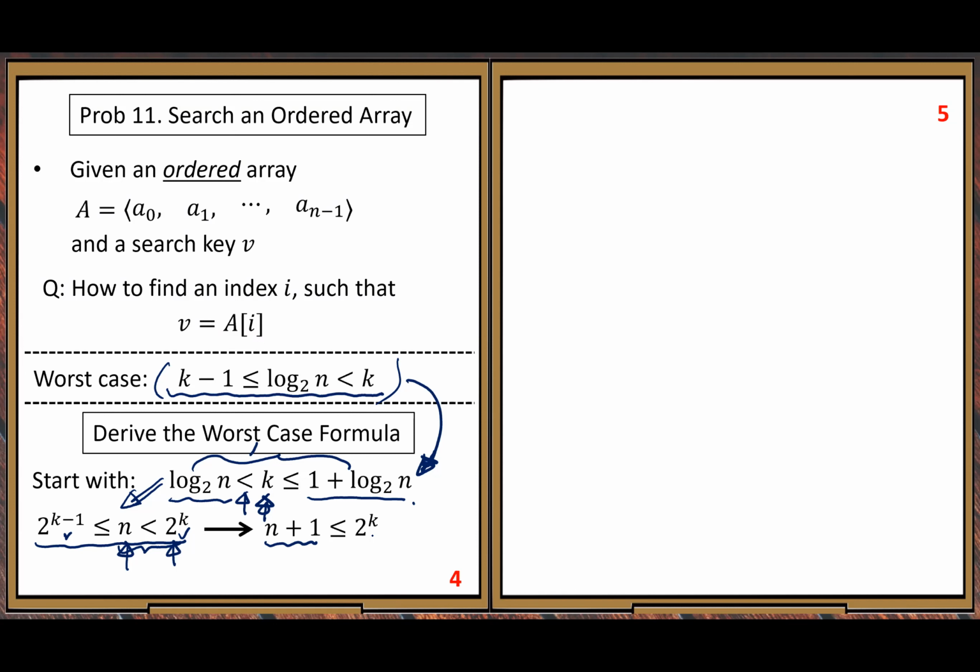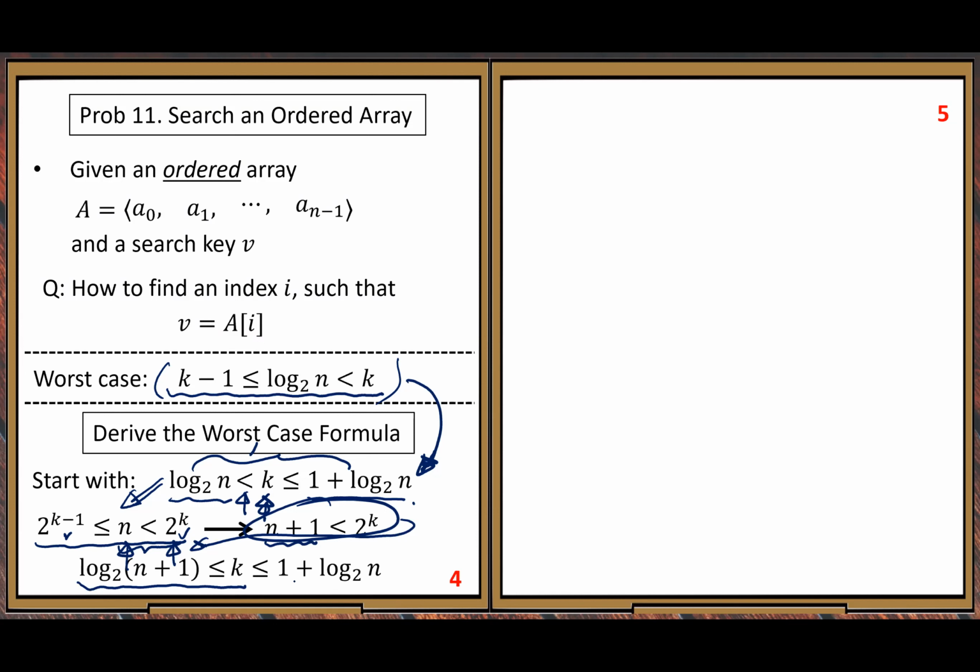How about the left-hand side? All right. So the right-hand side, with this new expression, we take log, we can get this. Look at that. k greater or equal to log base 2 of n plus 1.